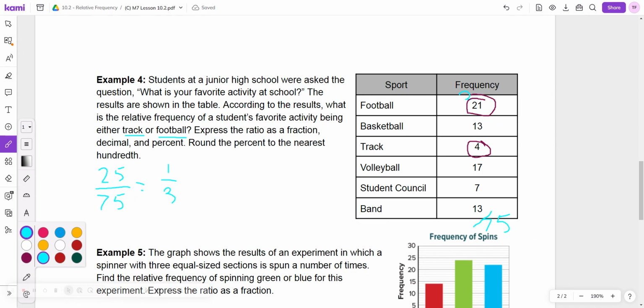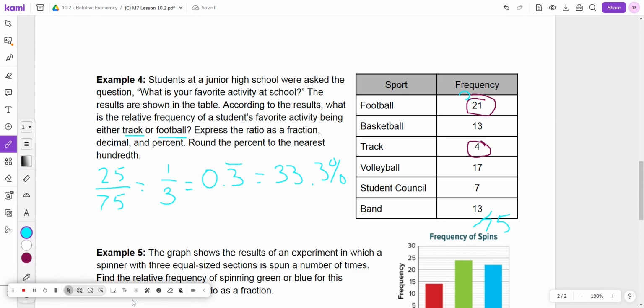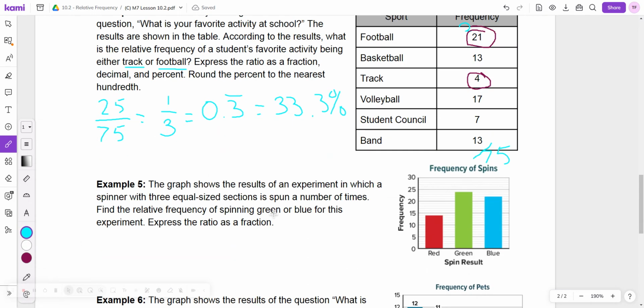It reduces to 1/3. If I write it as a decimal, it's 0.3 repeating. When I multiply that by 100, that gives me 33 and 0.3%.